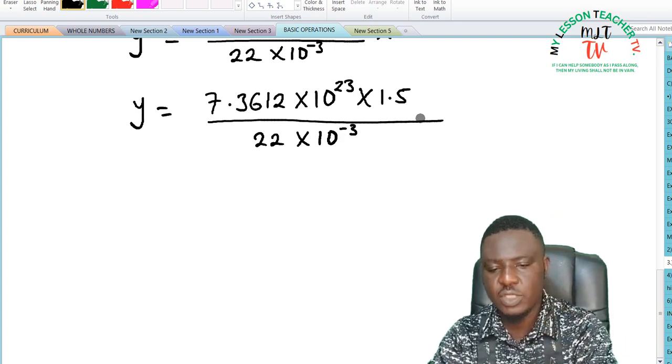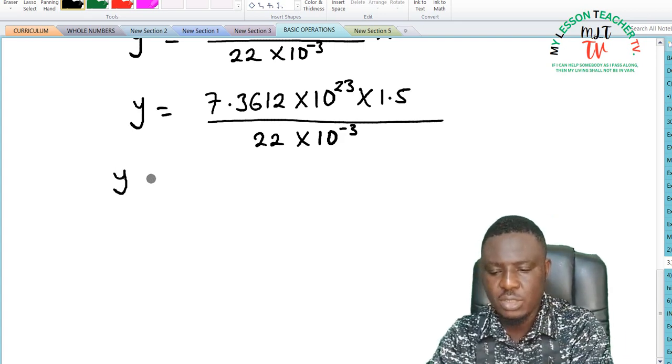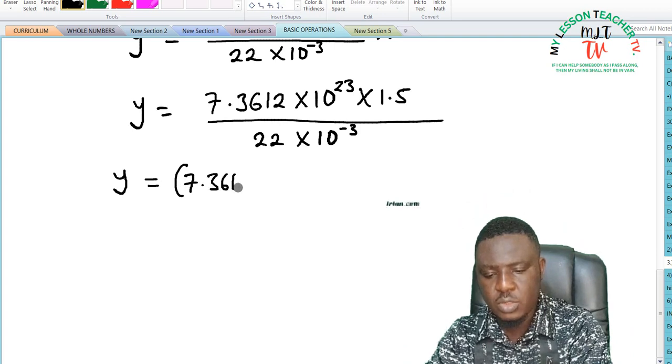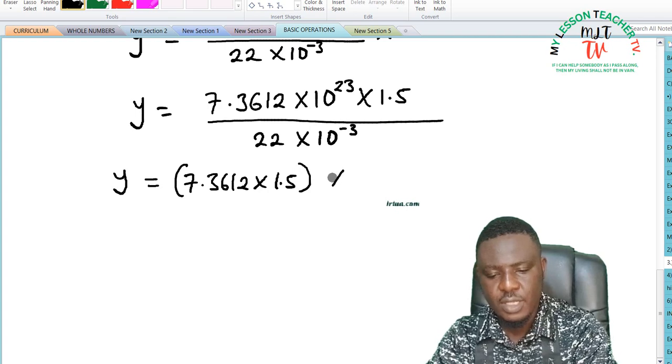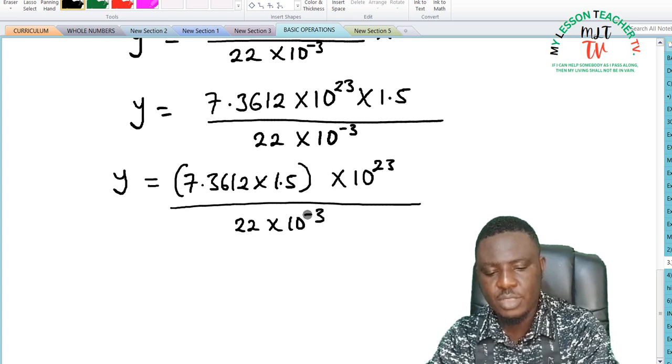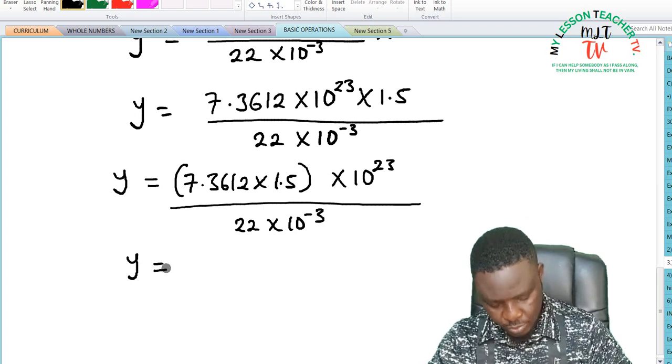I shall then solve it in standard form and leave my answer in standard form notation as I said. So this is equal to 7.3612 times 1.5 times 10 raised to the power of 23, all divided by 22 times 10 raised to the power of minus 3.